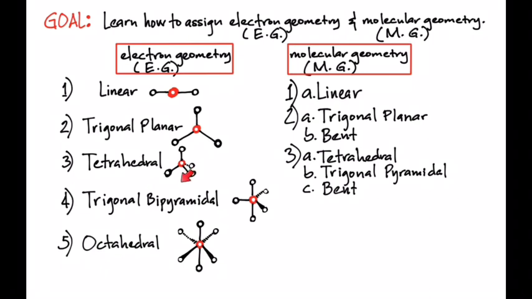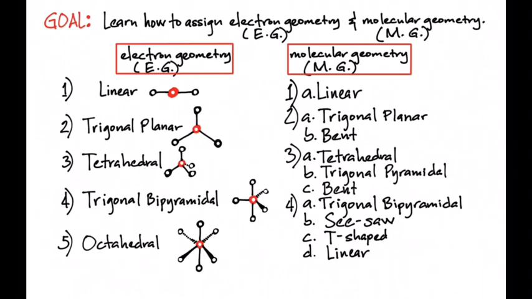A molecule with a trigonal bipyramidal electron geometry will have 4 different possible molecular geometries. The first subtype is trigonal bipyramidal, which is similar to the electron geometry. You can have a seesaw molecular geometry, T-shaped, or linear molecular geometry.